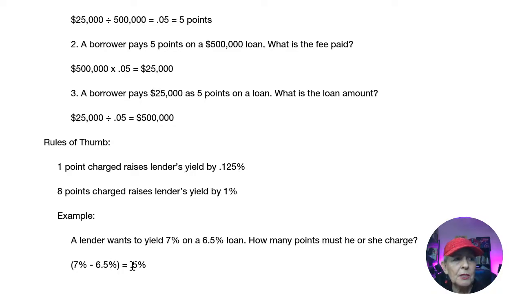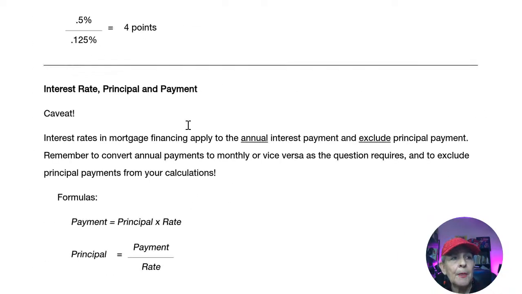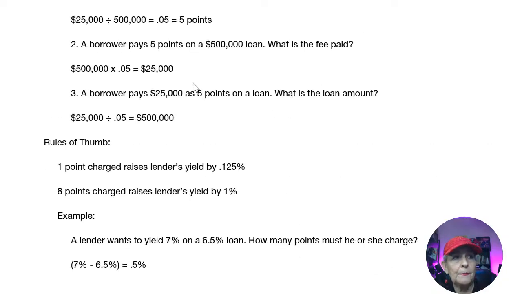So the difference is 0.5%. 8 points charged raises the lender's yield by 1%, but here they only have 0.5%. We divide that by 0.125, that equals 4 points. So that lender, in order to get 0.5% more, must charge 4 points. 4 times 0.125 is 0.5, and so they'll end up getting their whole 7%, instead of 8 points, which raises the lender's yield by 1%.